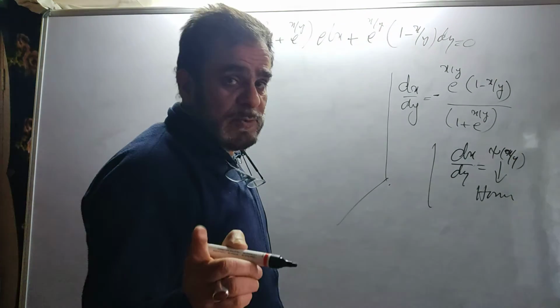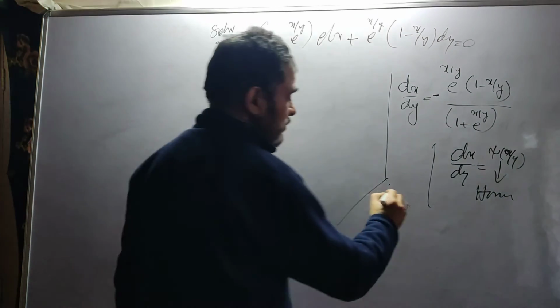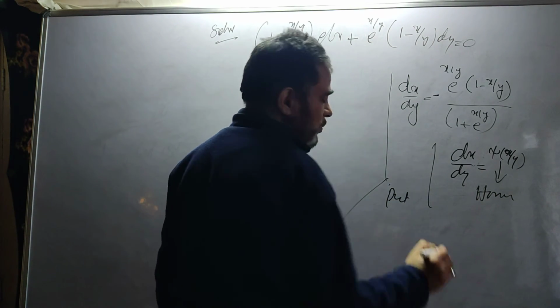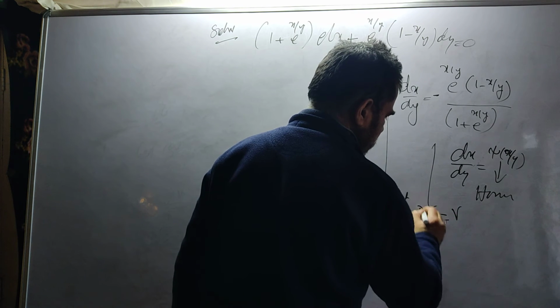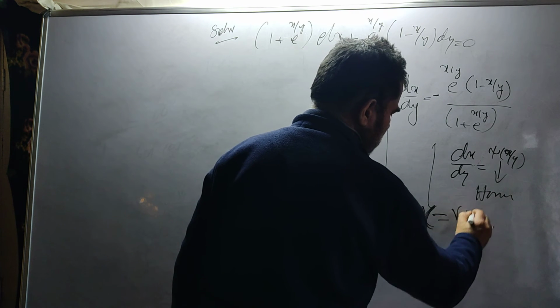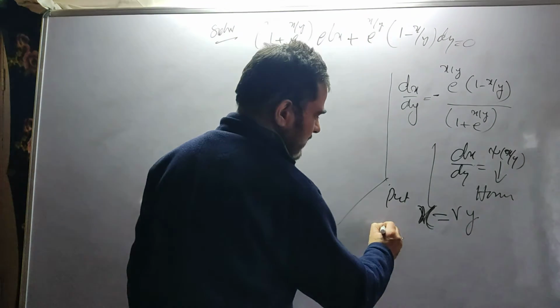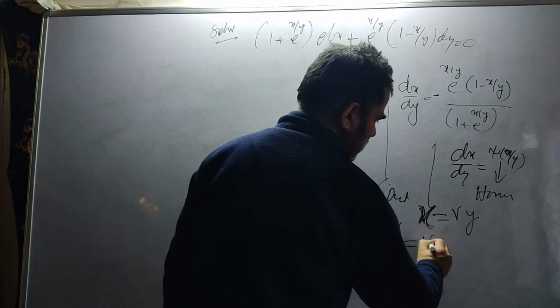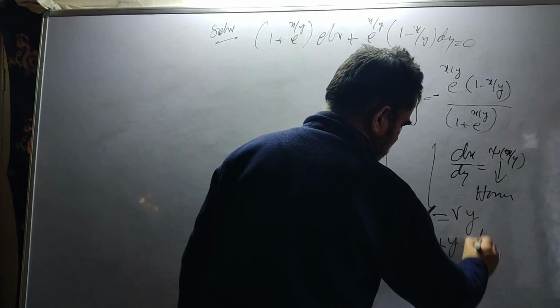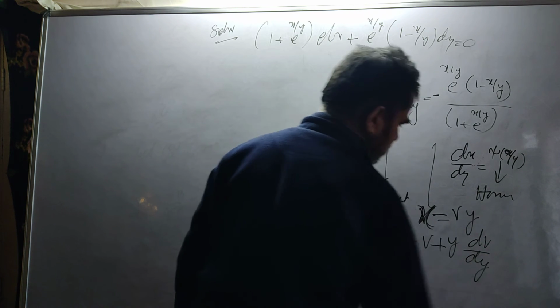Now by that method you can solve by the homogeneous method. If you put the substitution, you usually put x is equal to vy. You will get dx by dy is v plus y dv by dy.